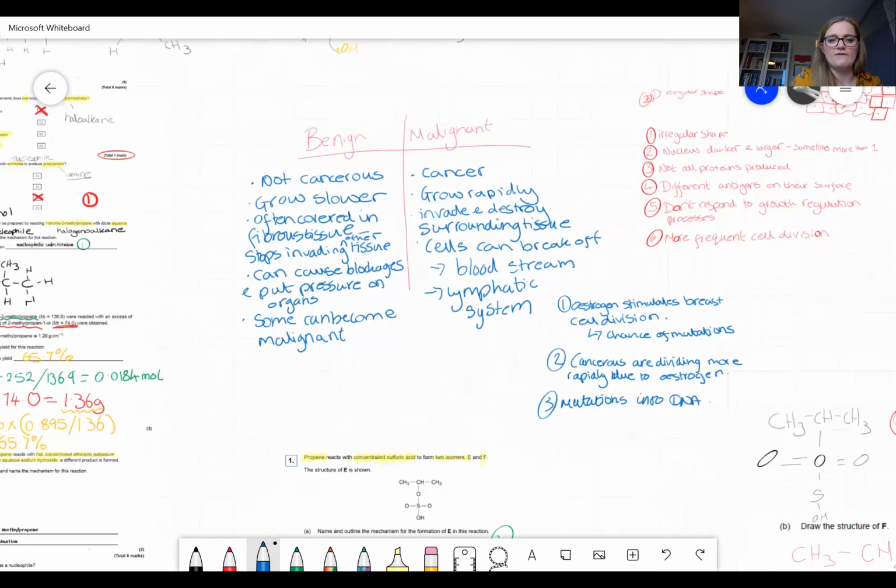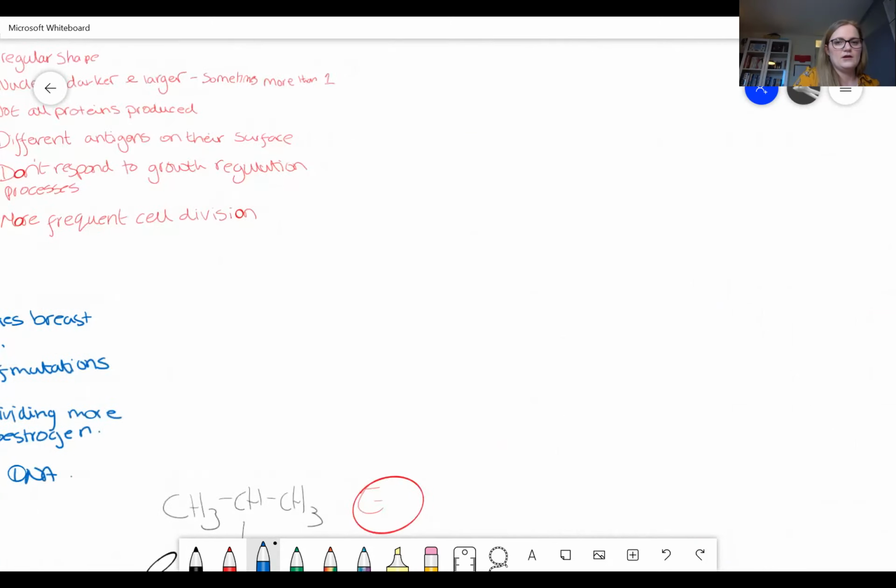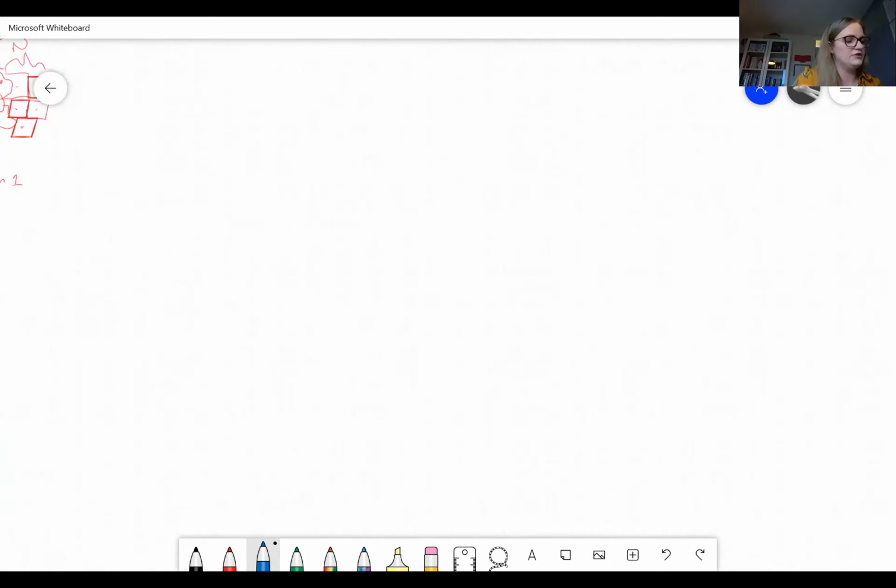And then we had a quick discussion about estrogen and tumour cells and methylation. So I'm going to quickly summarise tumour suppressor genes and proto-oncogenes as well.